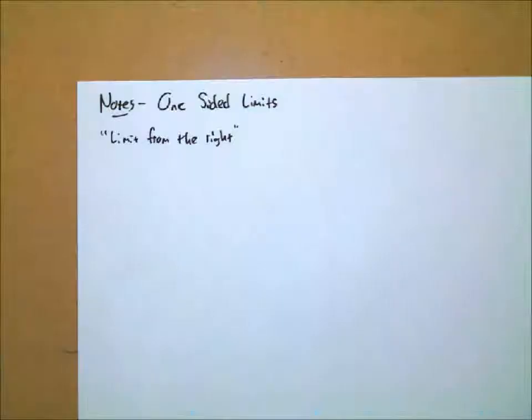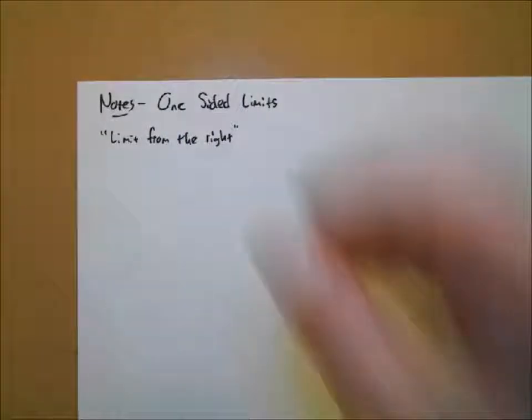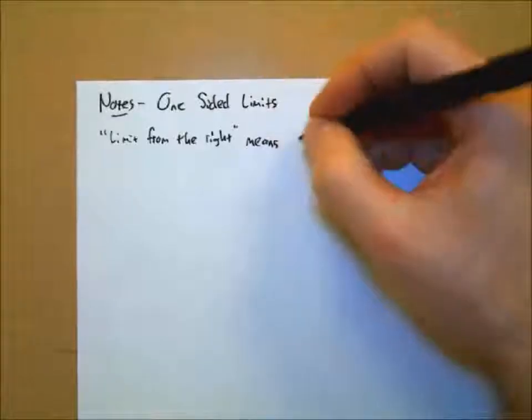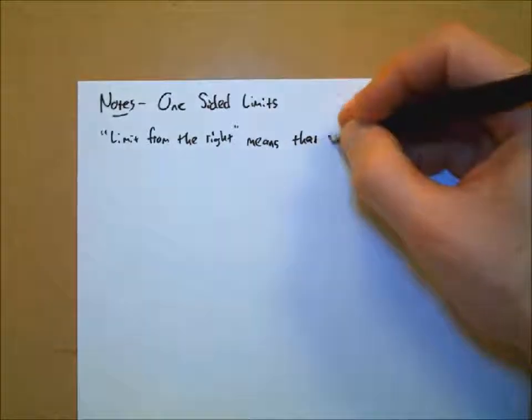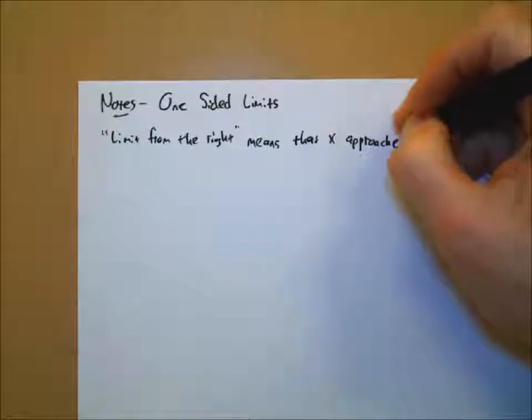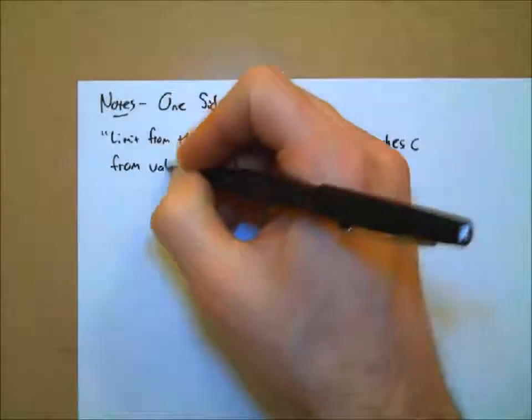In the past, I've used phrases like limit from the right, limit from the left. And what that means officially, mathematically, is that x approaches c from values that are greater than c.